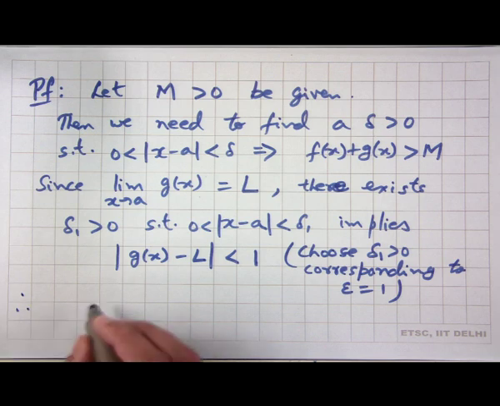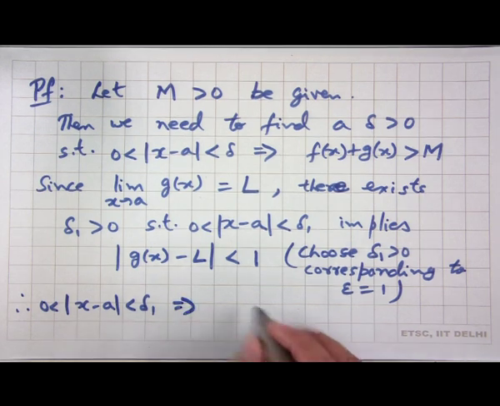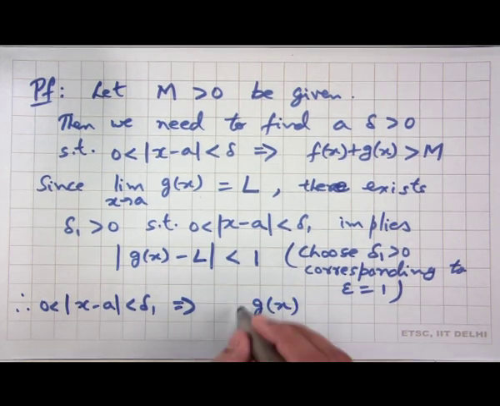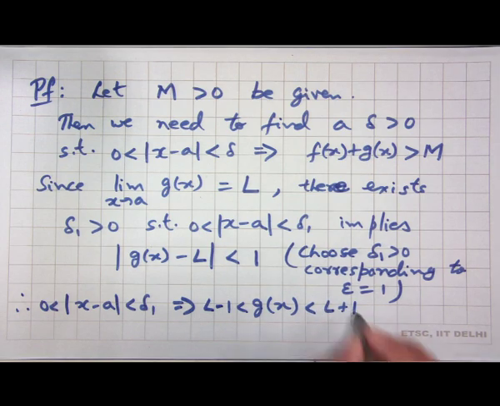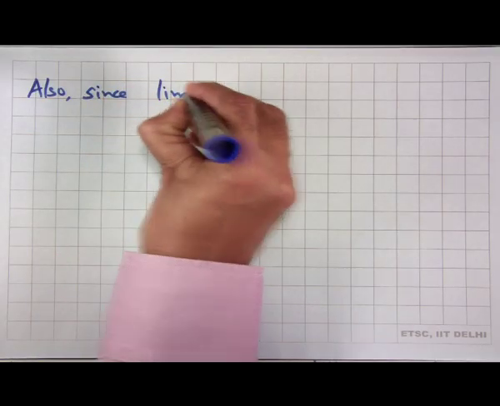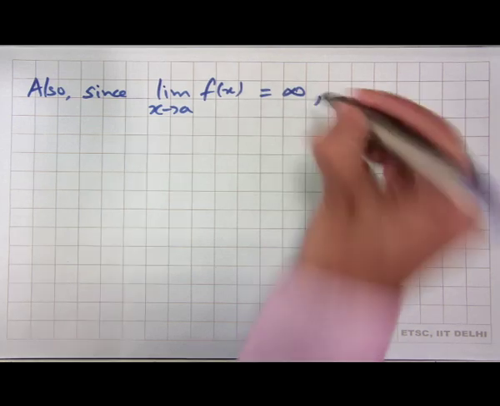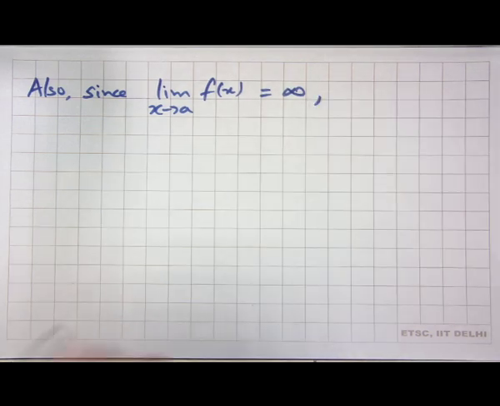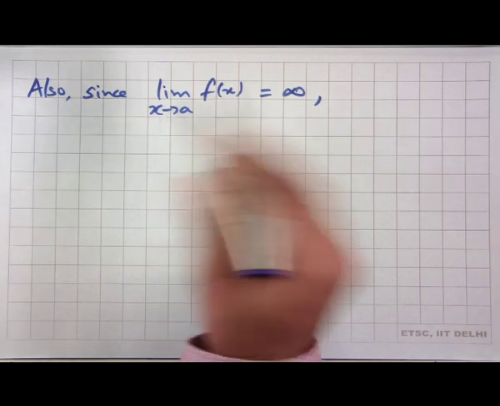Therefore, mod x minus a less than delta 1 greater than 0 implies that g of x is between L minus 1 and L plus 1. So, this is one we get. Also, we are given that the limit of f of x as x approaches a is equal to infinity. So, for any positive real number, I can make f of x bigger than that real number.